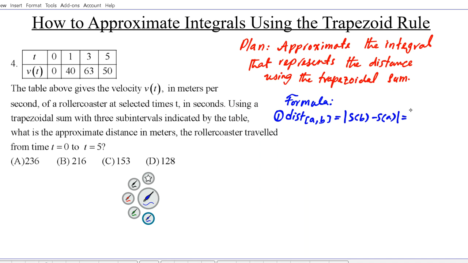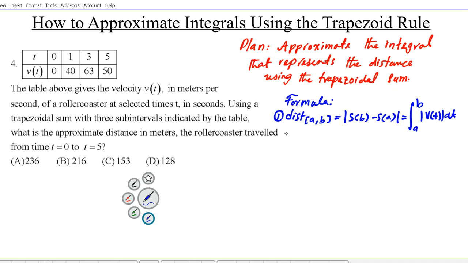That is equal to the integral from A to B of the absolute value of v of t dt. This is just FTC part 1 written using the position and its derivative, velocity, notation.